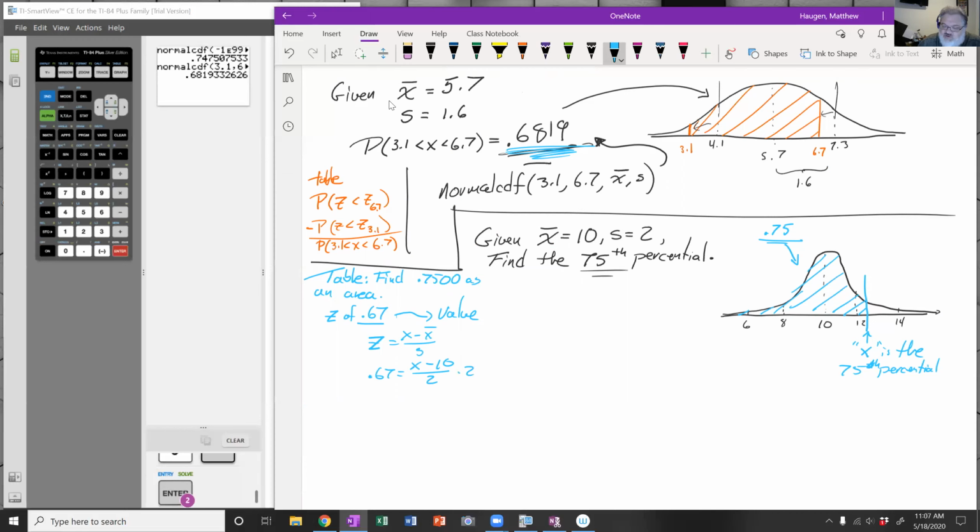So multiply by 2, multiply by 2. So that's what, 1.34, correct me if I'm wrong with that, equals x minus 10. Add the 10, 11.34. So that's our value.